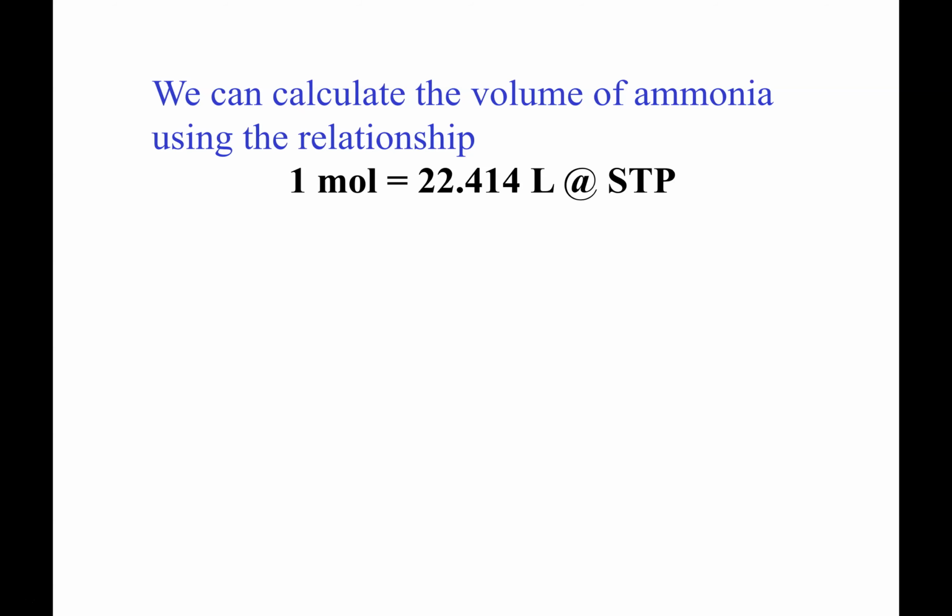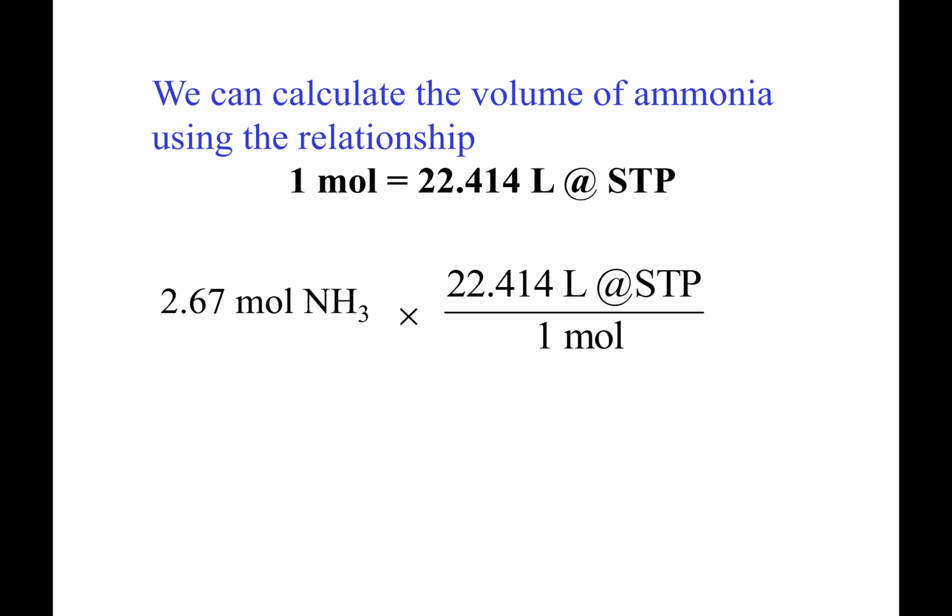So we know that we have 2.67 moles, and if I use that equivalency statement as a conversion factor, it will look like this: 2.67 moles of NH3 over 1. I want moles to cancel, so I'm going to put 1 mole in the bottom and that 22.414 liters in the numerator. So that's a quicker way, I think, than using PV = nRT to solve for V. But you could have done it either way.